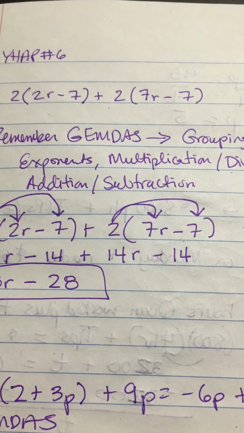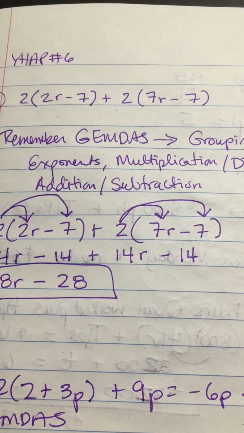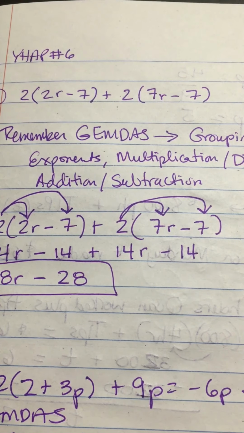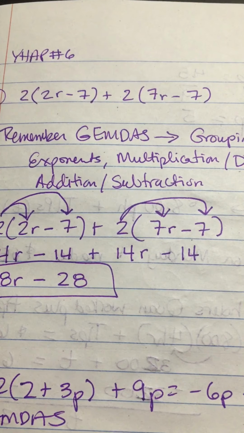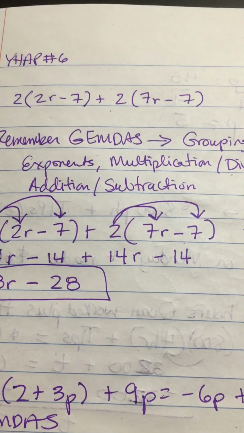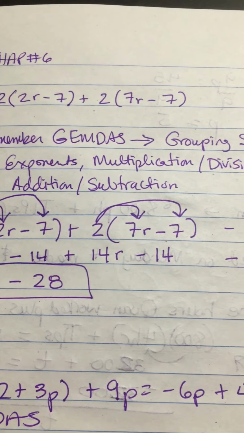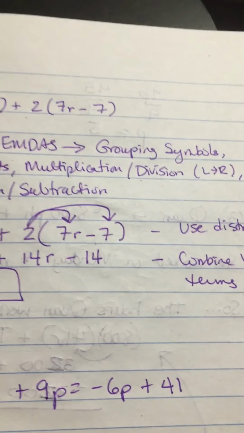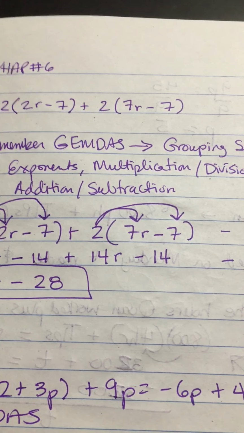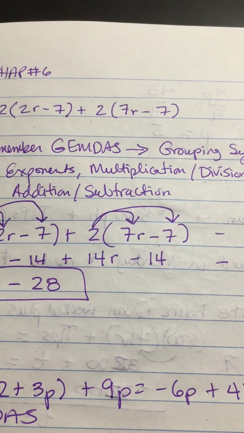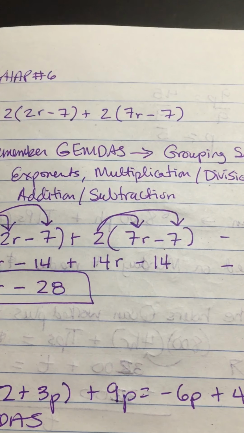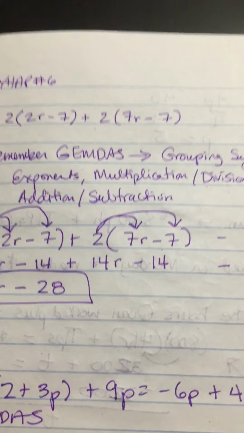That is the reason why I choose the G over the P, because you will have problems with different types of grouping symbols. So G stands for grouping symbols, E stands for exponents, M for multiplication, D for division, and A and S for addition and subtraction.